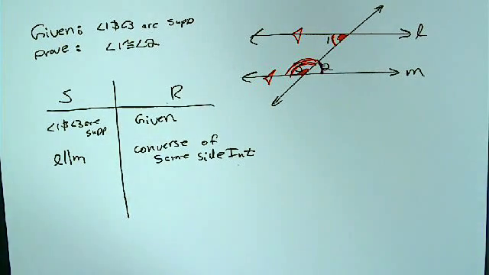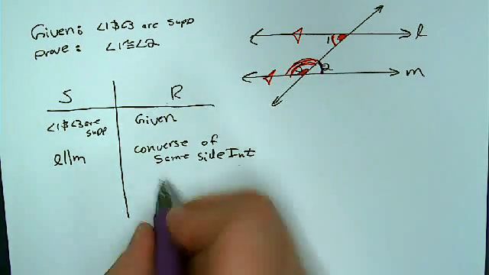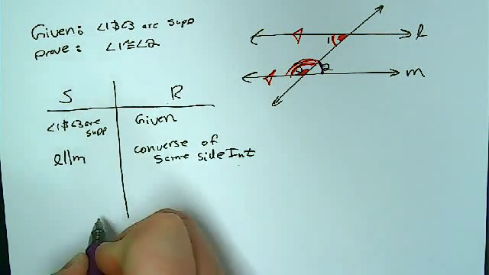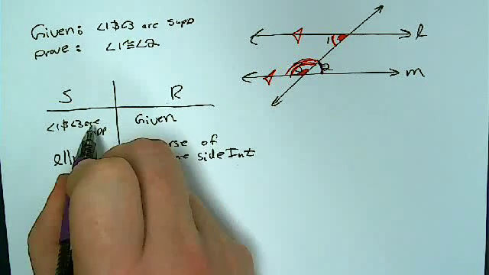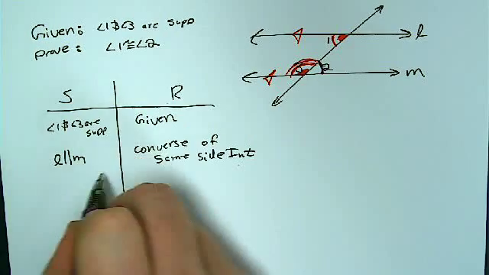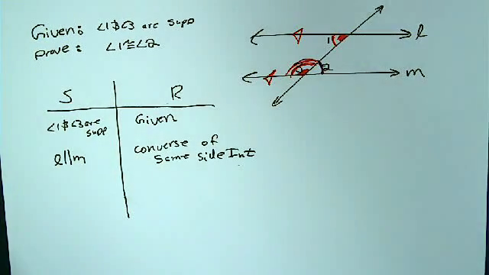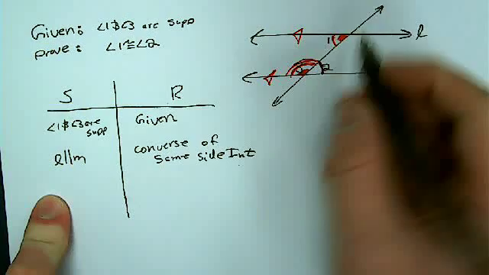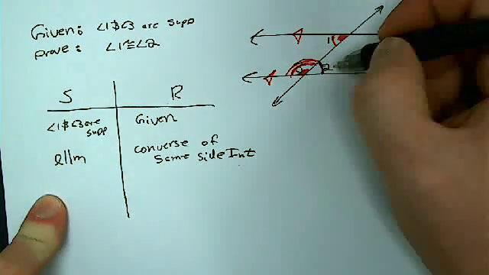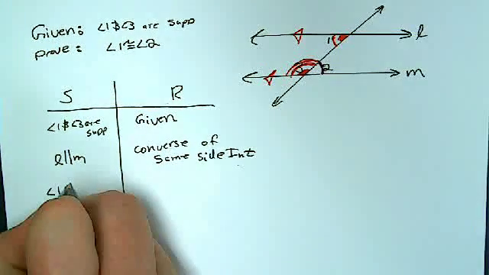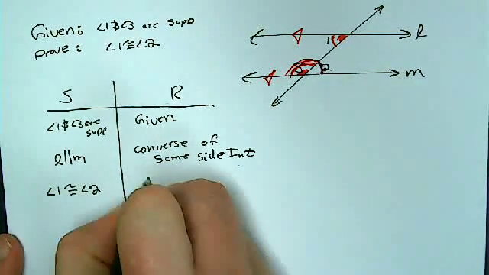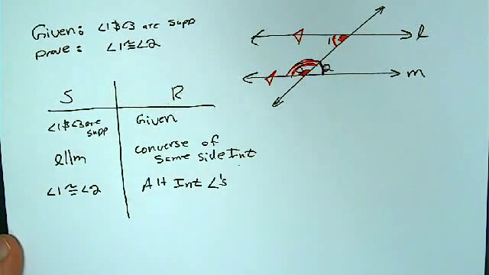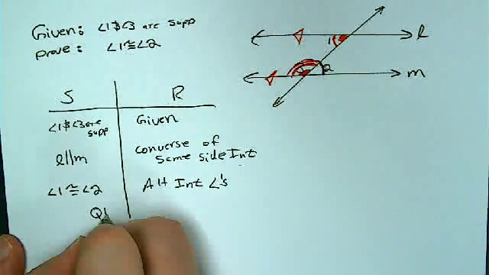That goes the other way. The same side interior angles theorem says if they're parallel, then they're supplementary. This one says if they're supplementary, then they're parallel. Now, I just said these lines were parallel. We know that 1 and 2 are alternate interiors, and by consequence, angle 1 is congruent to angle 2. And that's what I wanted to prove.